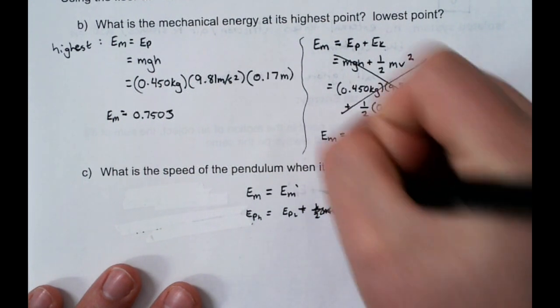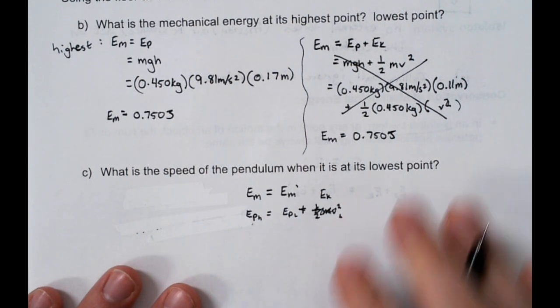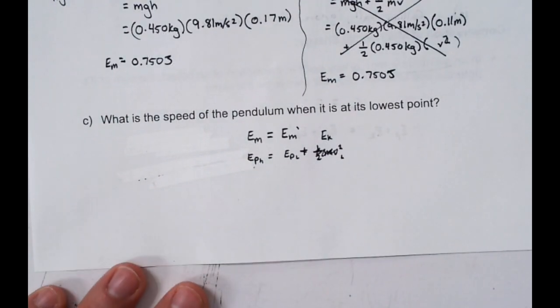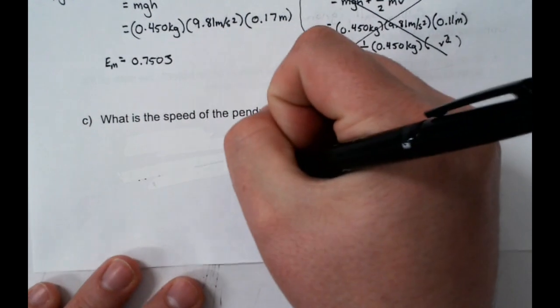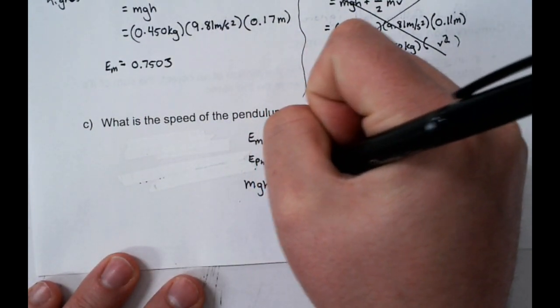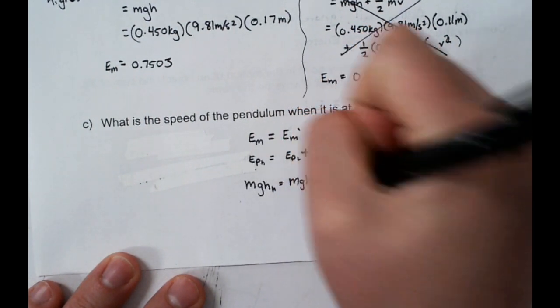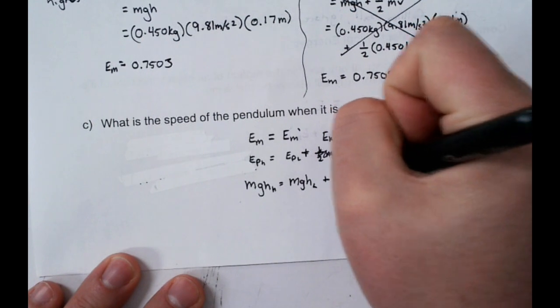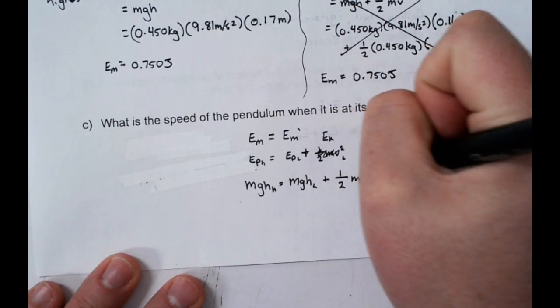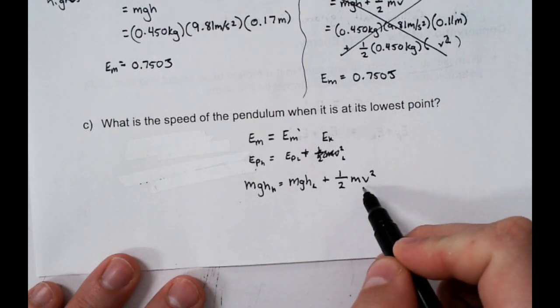So now if we're plugging in our formulas for this, we have mgh at its highest point is equal to mgh at its lowest point plus 1/2 mv squared. We're going to want to rearrange this and solve for v.